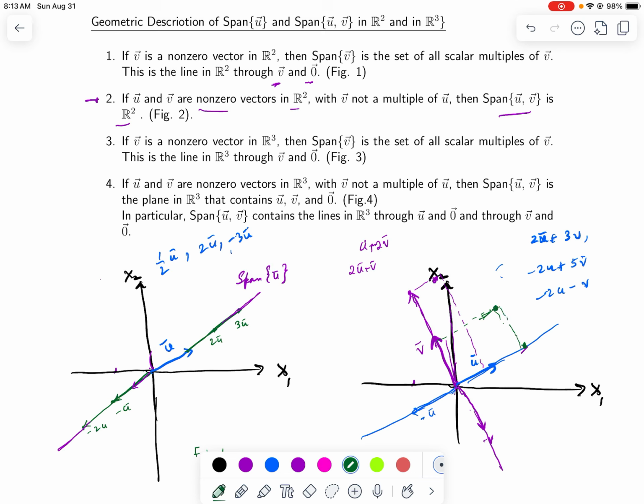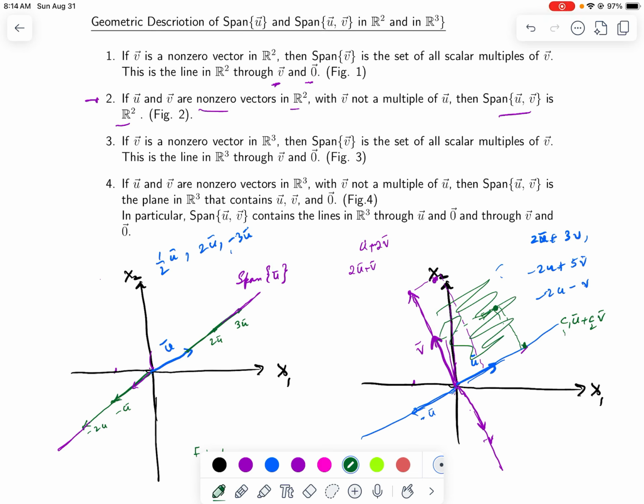If you notice, all the linear combinations of u and v, that is, all vectors of the form c1 u plus c2 v where c1 and c2 are positive numbers, land in between u and v. So we end up in this region.